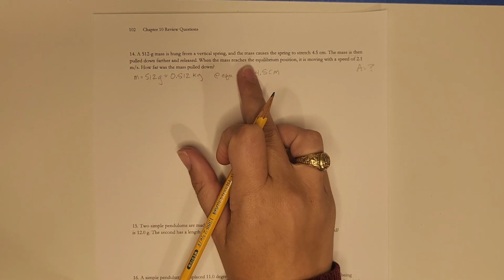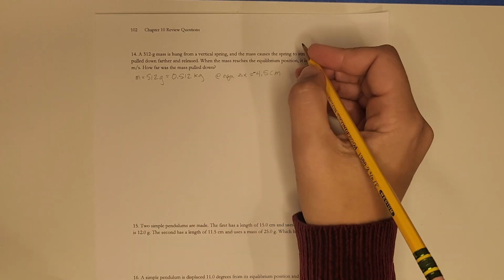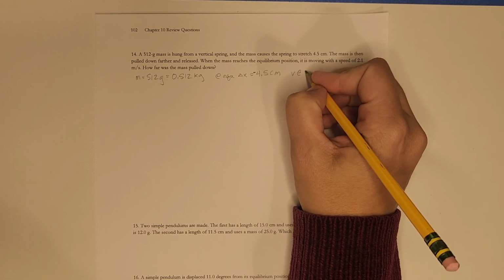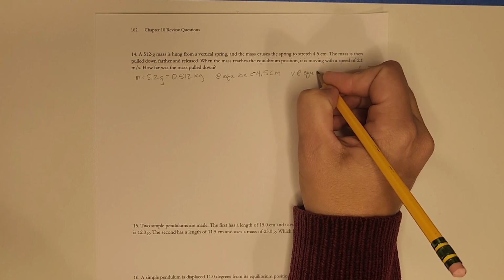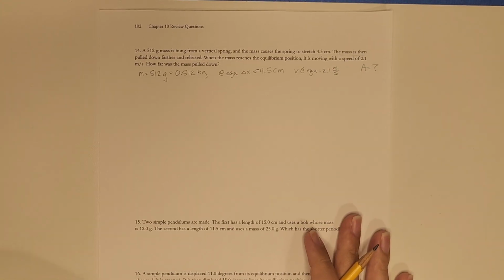When the mass reaches the equilibrium position, it's moving with a speed of 2.1 meters per second. So velocity at equilibrium equals 2.1 meters per second. This question is kind of pulling together everything about spring mass systems in one big question.